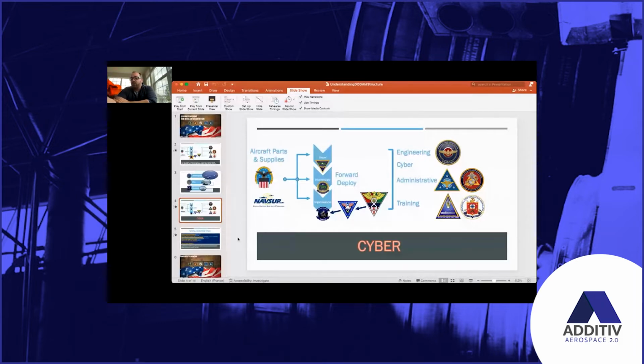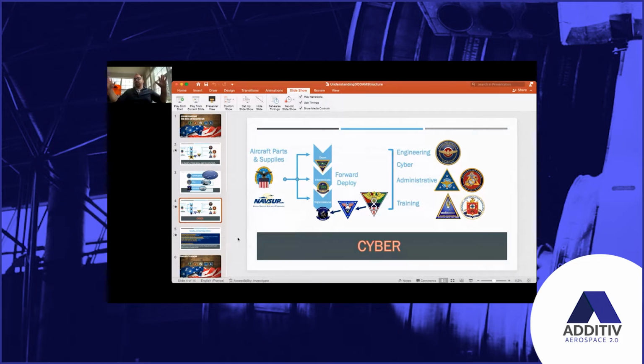The same thing, we all know AM rides on the back of the digital thread, making sure that the digital infrastructure that's set up, that is a combination of engineering, administrative, and the supply system, all of that is deployed in such a way that it is safe. All of this wraps up into cyber and getting approvals and everything ahead of time to orchestrate all of this.